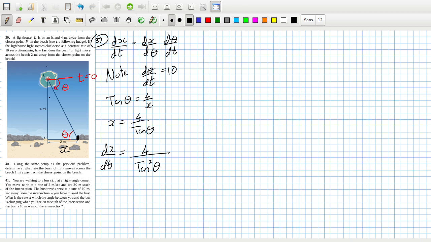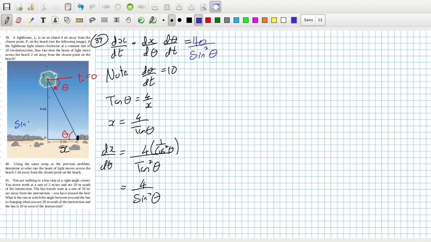It's 1 over cos squared, isn't it? So sine squared over cos squared, 4 over sine squared theta. So this would be 10, so 40 over sine squared theta.